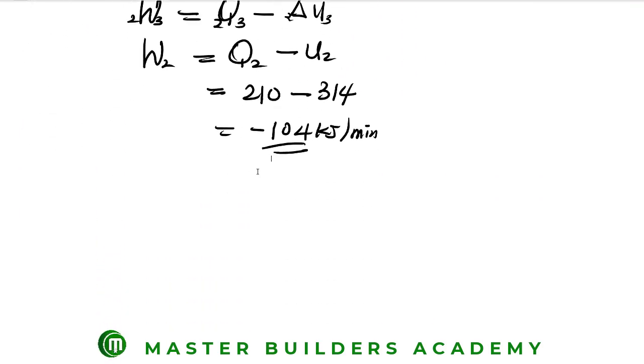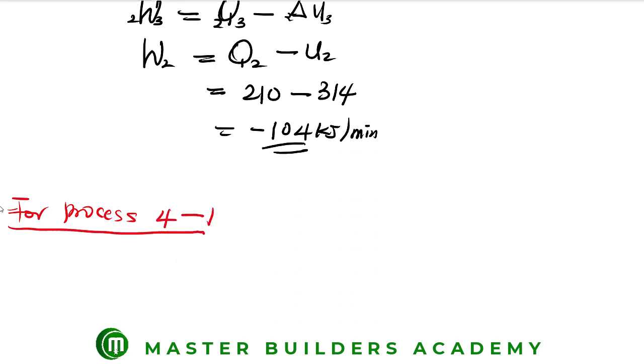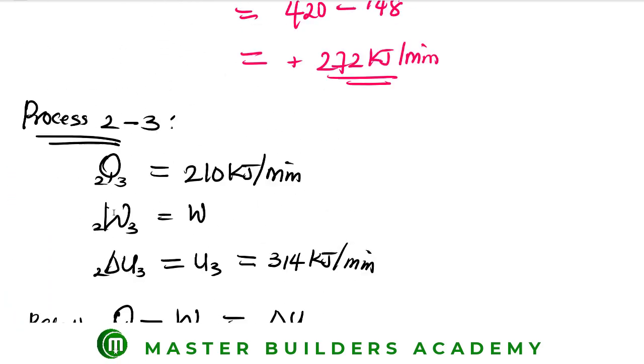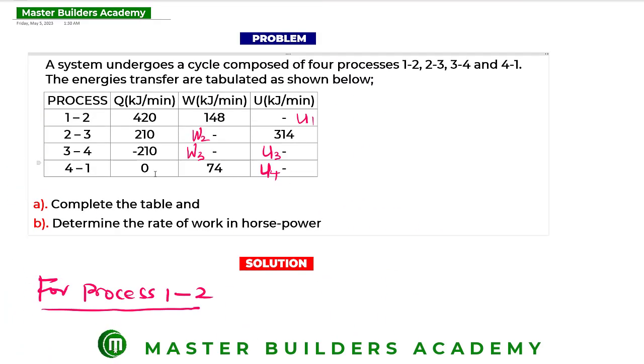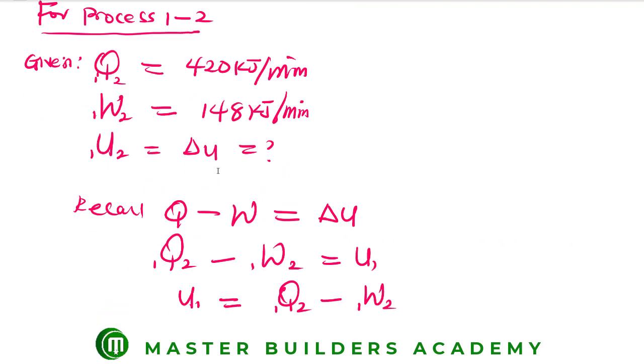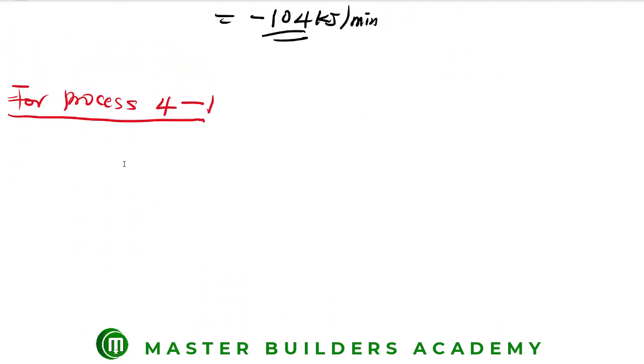All right, for process 4 to 1. Are you there? So this is it. For process 4 to 1, if we come up to the question here, we'll find that Q, which is heat, is 0, and work done is 74. So we'll just list the parameters. Are you with me?